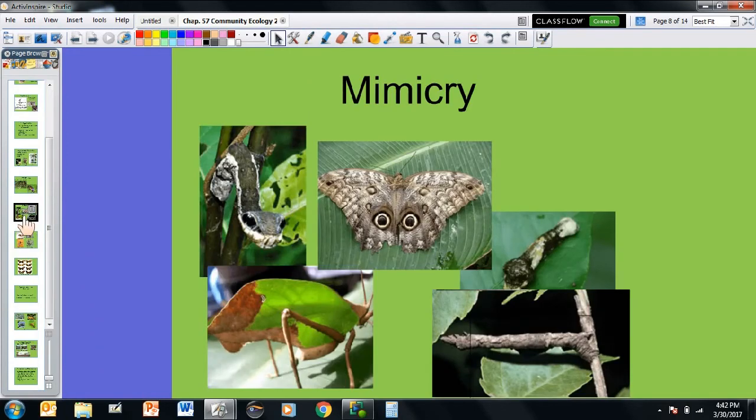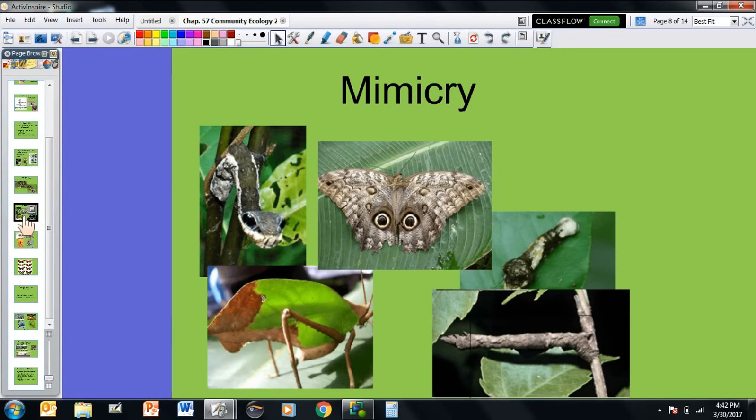Another way that organisms interact with their environment is this idea of mimicry. It's used by both predators and prey. Mimicry simply means that an organism has evolved to look or act like another. It can be an inanimate object like a stick or a rock, or it can be another living thing or a part of a living thing.